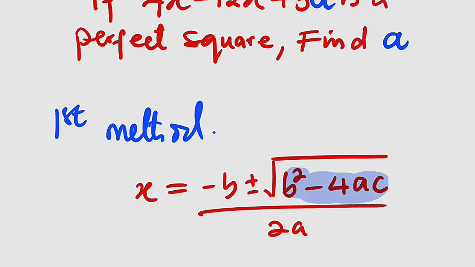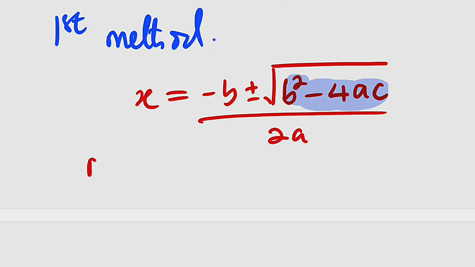If a quadratic is a perfect squared one, then b squared minus 4ac will definitely be equal to 0. So the discriminant d, which is b squared minus 4ac, must be equal to 0 if the quadratic is a perfect squared one.